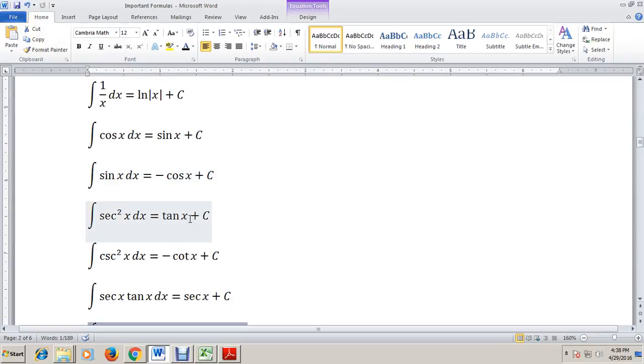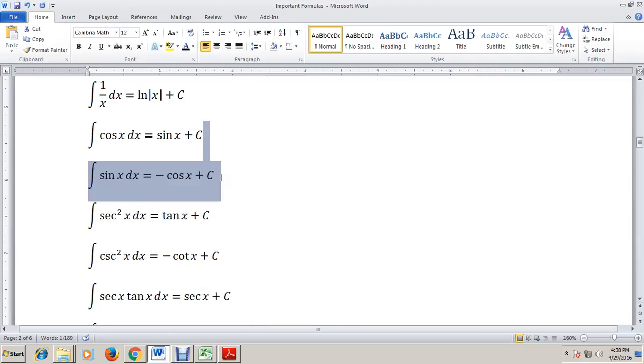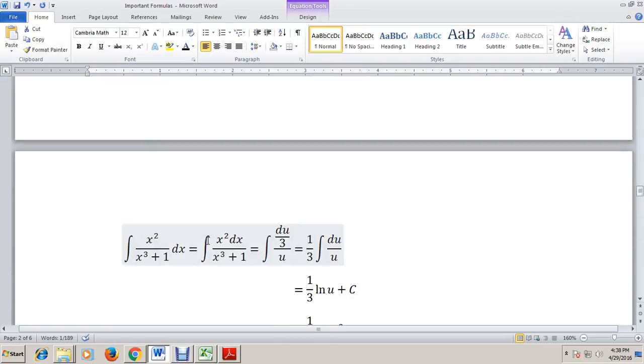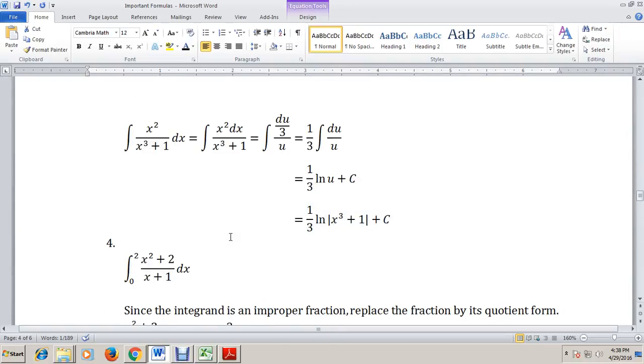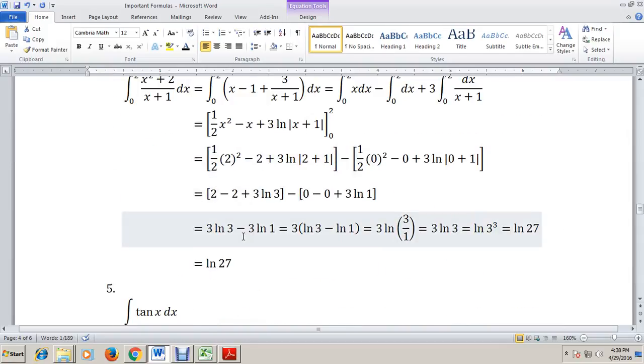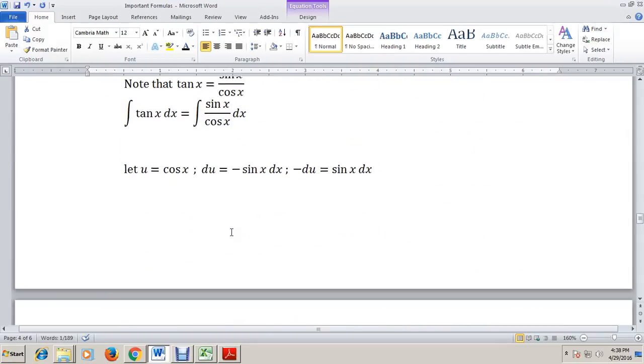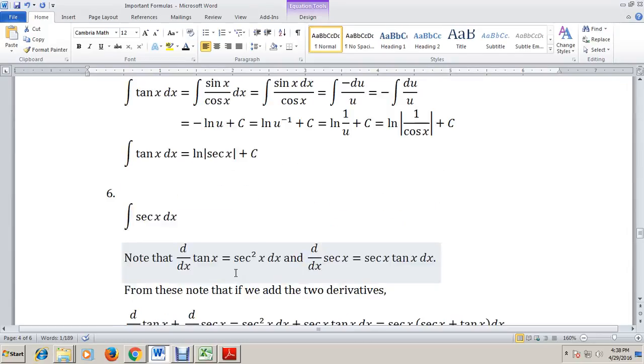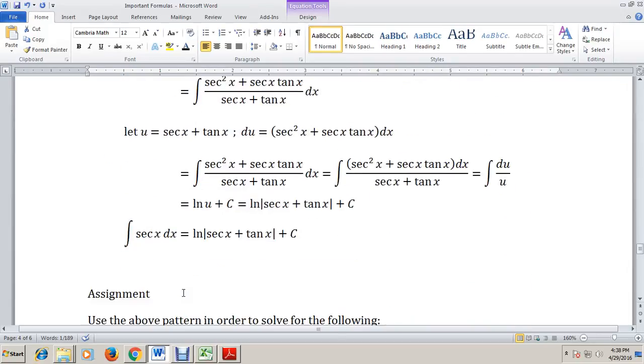So we can complete the set here if we write that down. Let me just add these, or probably you could be the one to add the results to the list. So you have the integral of tangent x dx as ln of secant x plus c. Then you have the integral of secant x dx as ln of secant x plus tangent x plus c.